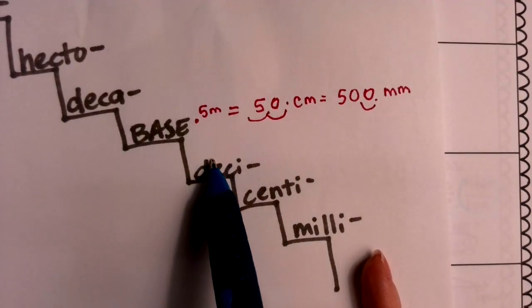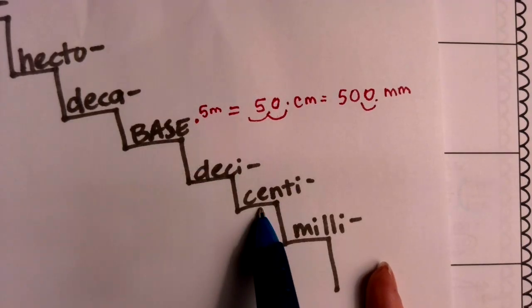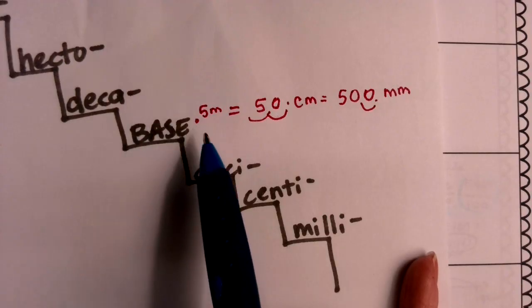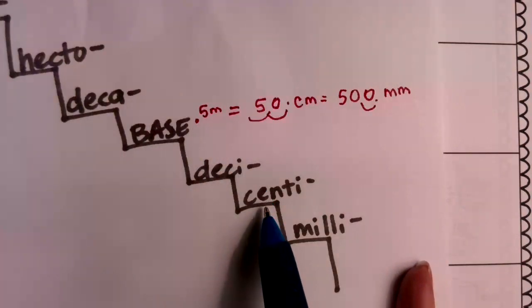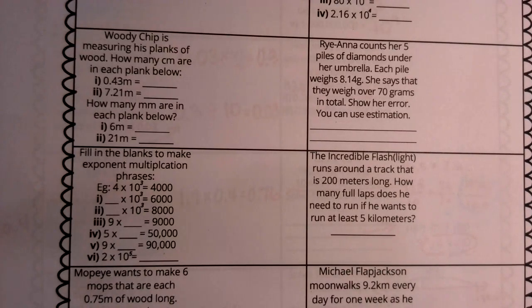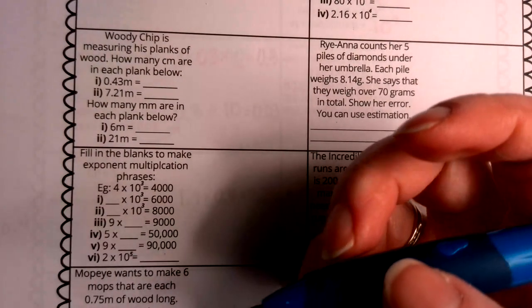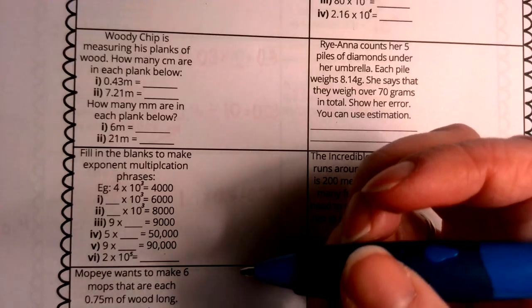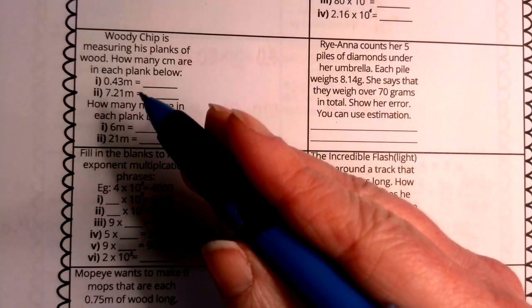So when I go 2 down to go from meter to centimeter, I'm moving my decimal 2 times to the right because that is multiplying by 100. One step is times 10. The next step, that's times 10.